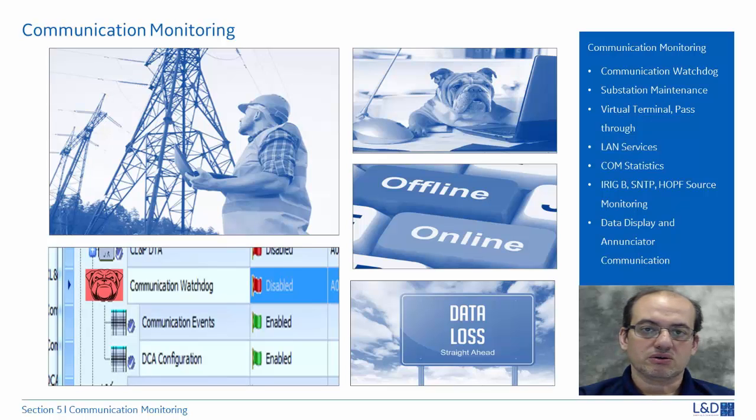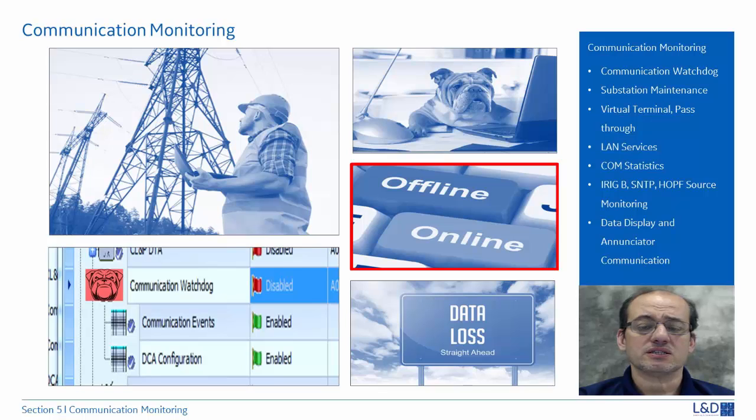So this pass-through application would allow that software to feel as if it is connecting directly, even though it's going over multiple devices and networks from one point to the other. LAN services applications, communication statistics in order to measure how much loss of messages took place.